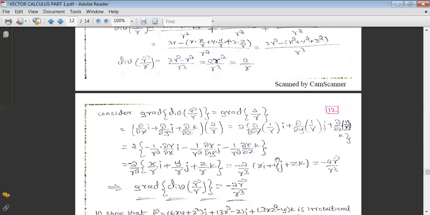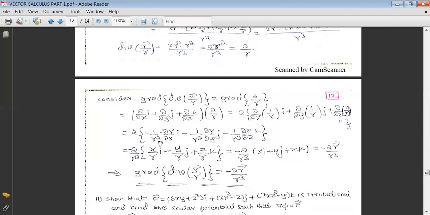We get this one. Now it is 2 as it is, and you have to differentiate this one partially with respect to x, that is minus 1 by r square, partial derivative of r with respect to x into i, minus 1 by r square, partial derivative of r with respect to y into j, minus 1 by r square, partial derivative of r with respect to z into k.